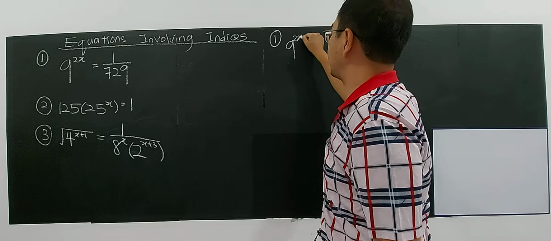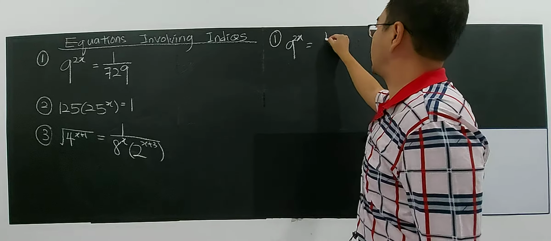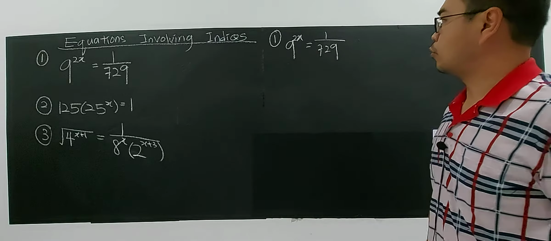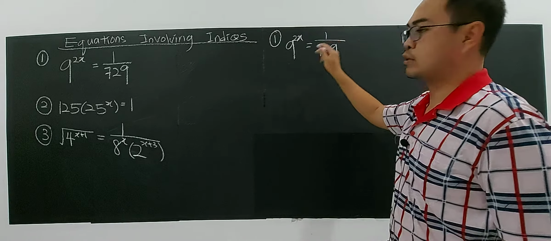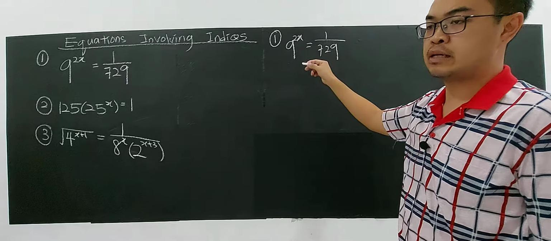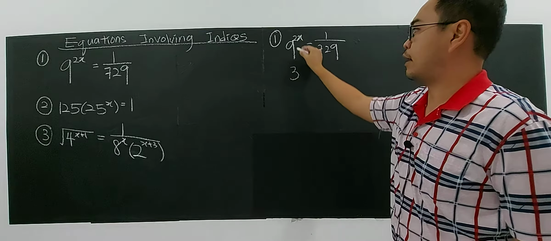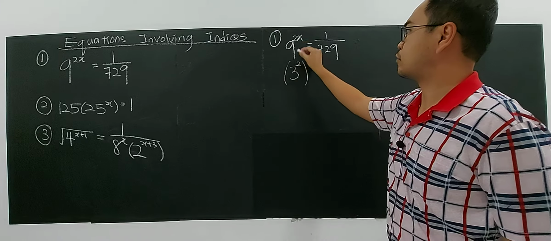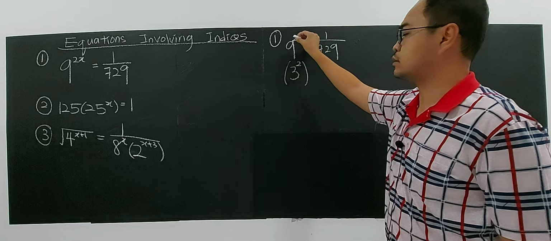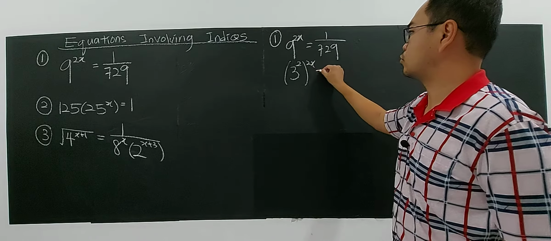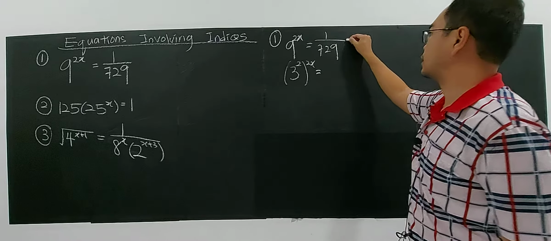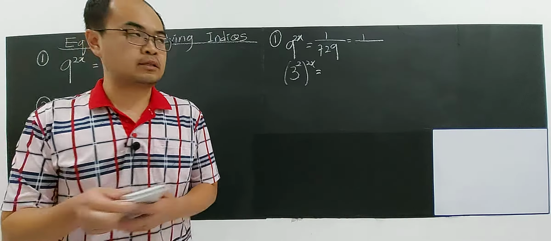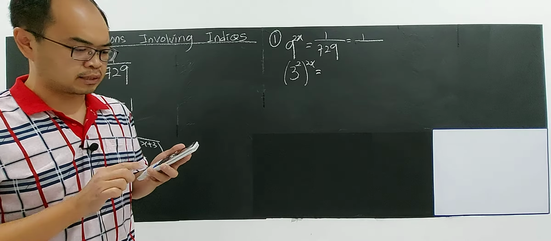So 9 to the power of 2x equals to 1 over 729. As you know, 9 and 729 have a common base. 9 is 3 to the power of 2, so the left side is 3 to the power of 4x. And 729 is 3 to the power of 6.